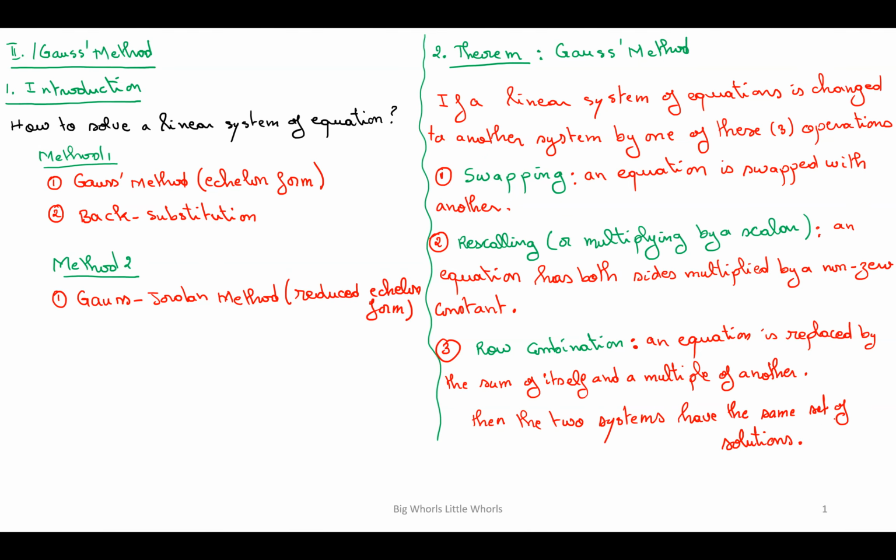Okay, so this is our famous Gauss's method. If you don't really understand the theorem, don't worry. In the next video, we will do the tutorial and I will explain it to you with some examples. And I will also see what we mean by echelon form.